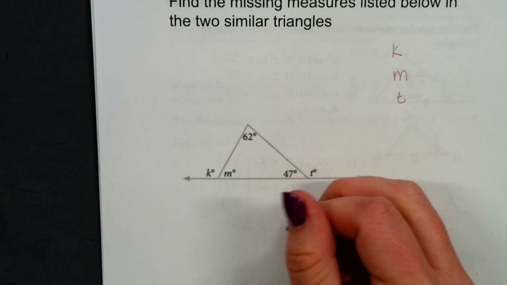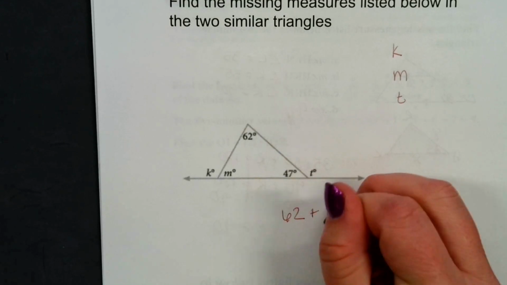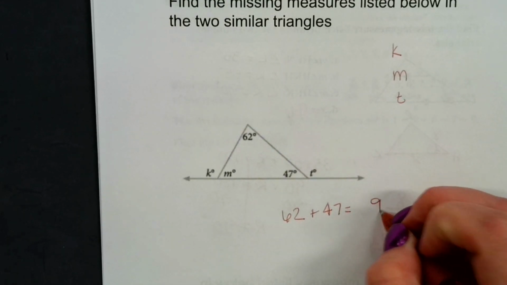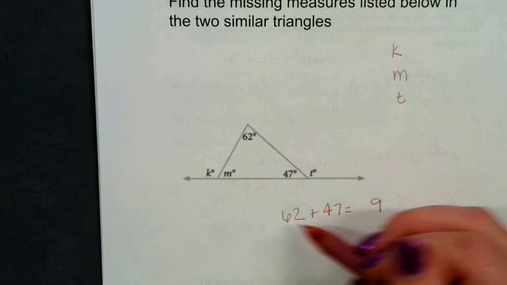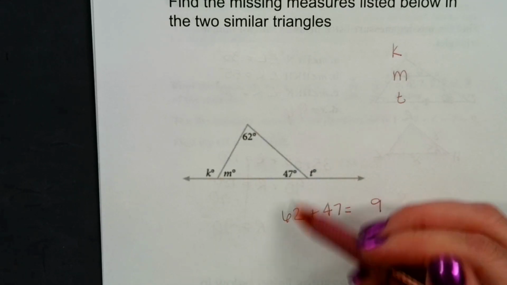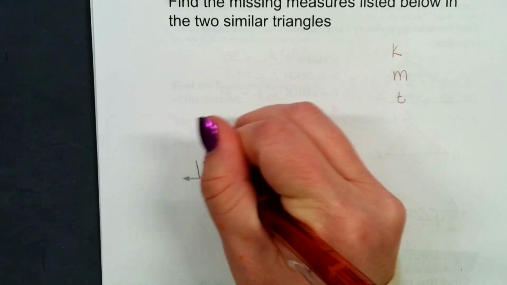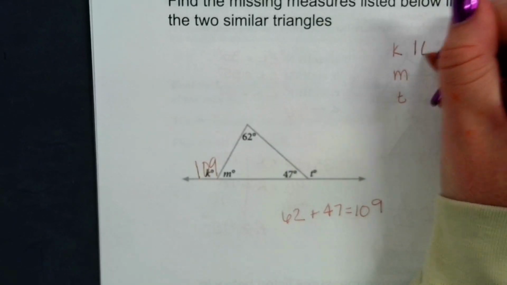Yep. So if I take 62 plus 47, maybe I should just actually do the math instead of pretending my ears can hear everything. 109. So I get K is 109.